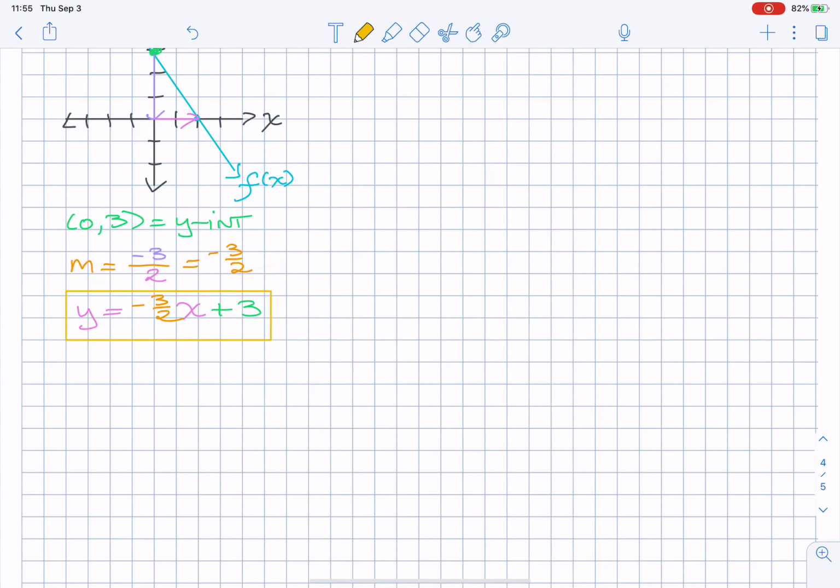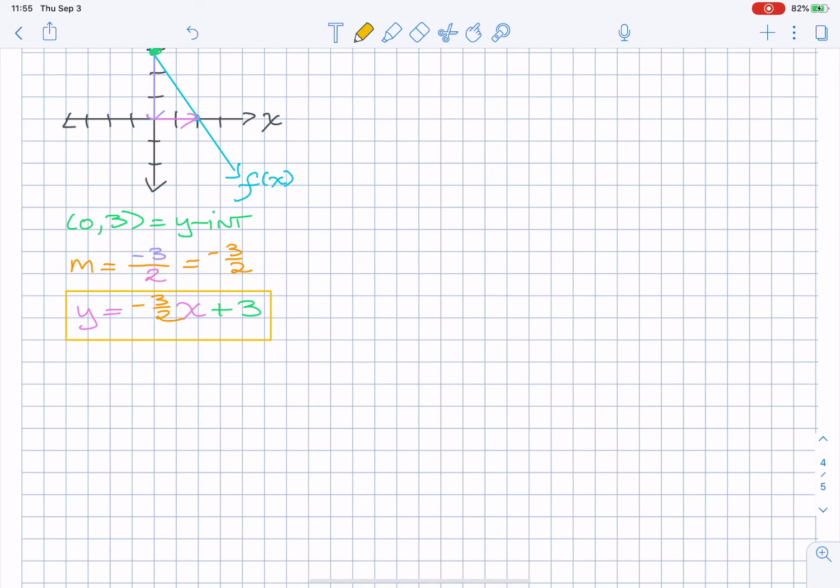So actually, maybe I'll give you guys the formula for that just in case. So we want y is equal to mx plus b.